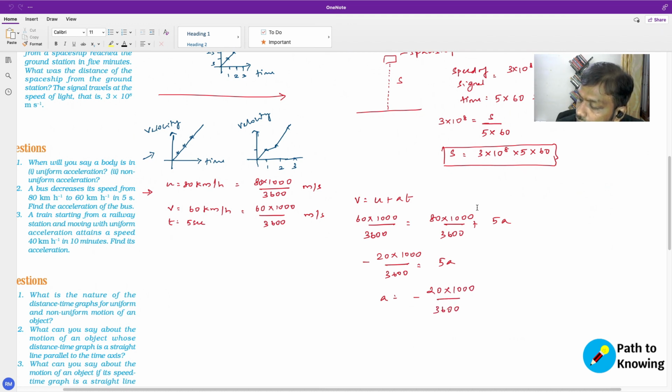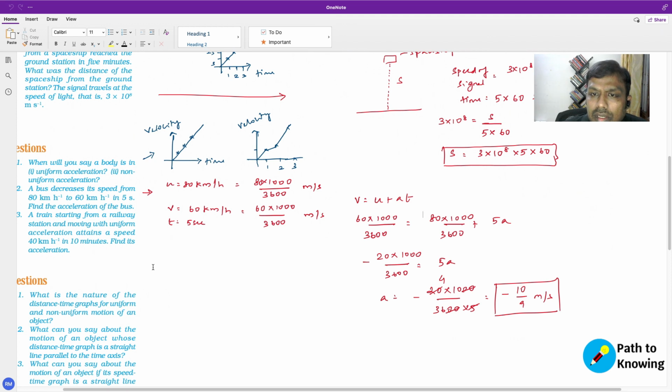So if you take these off, it's going to be minus 10 over 9 meters per second squared. Yes, I was missing this minus here. Because the speed has come down, which means that the acceleration has been negative. So the right value is minus 10 over 9 meters per second squared.